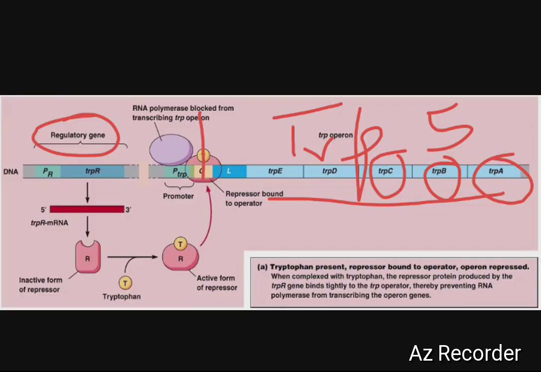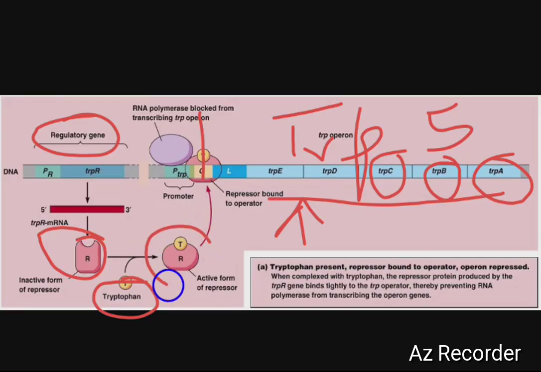Next, you have to remember what will happen when there is a high level of tryptophan. When the tryptophan level is high, it will bind to the inactive form of the repressor. This is the tryptophan, present in the high environment of E. coli. So it will bind to the inactive form of the repressor, and now the repressor gets functional.